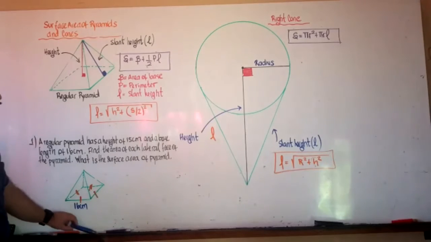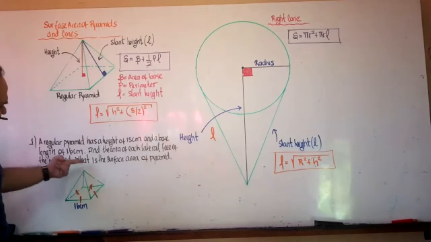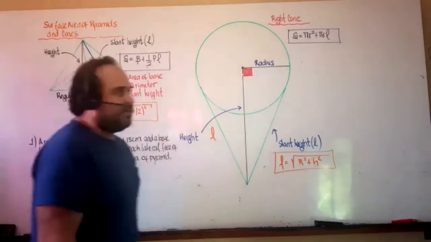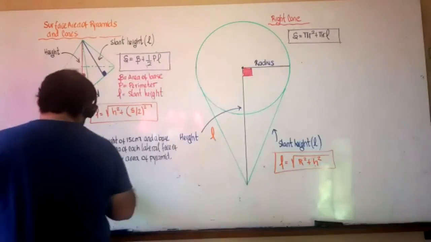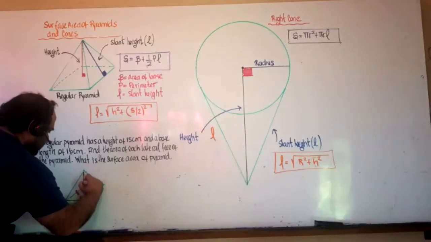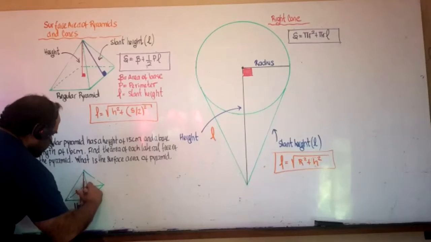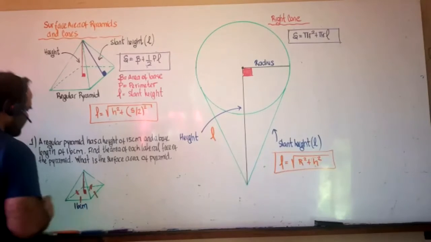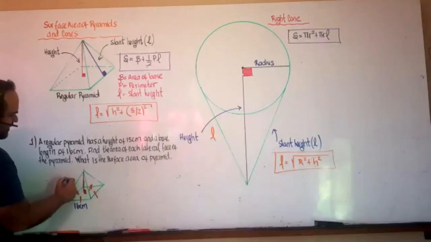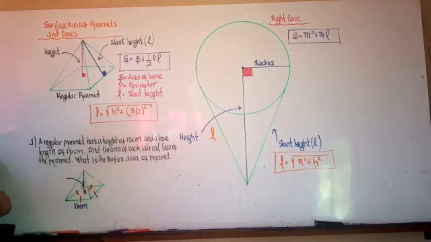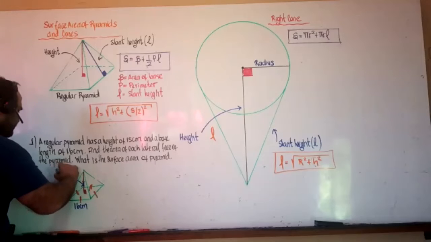And at the same time, the problem says this pyramid has a height, not slant height. This red line has a height of 15 centimeters.